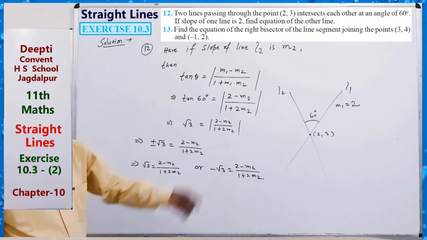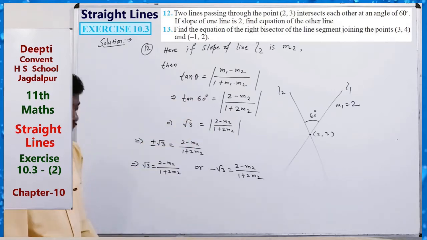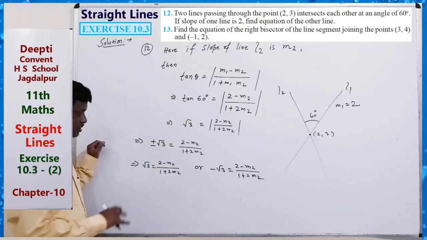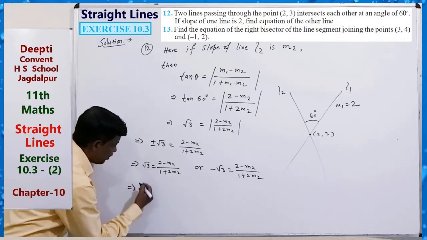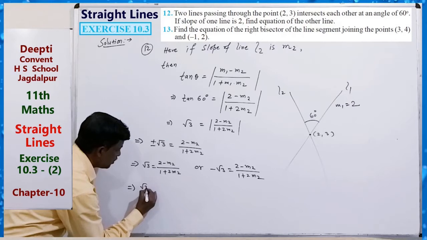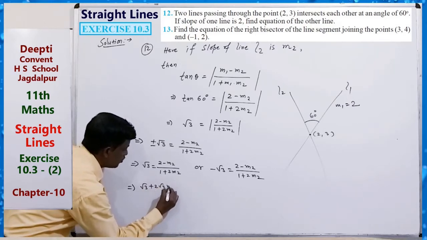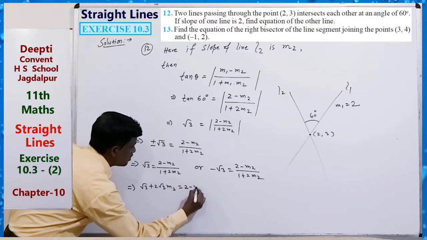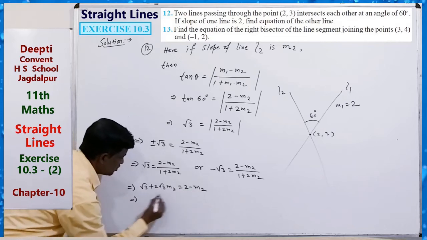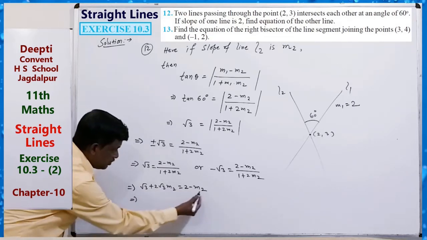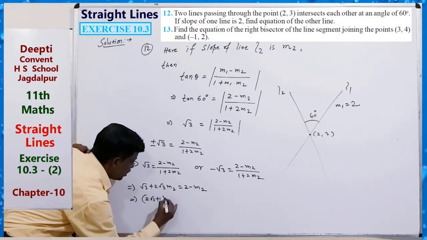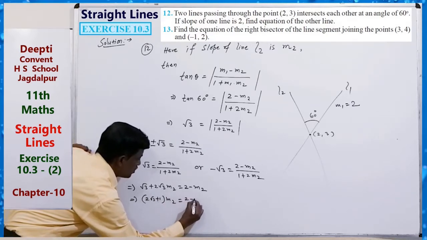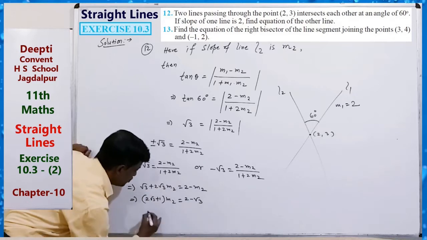So we have two equations, either this or this. From the first, root 3 plus 2 root 3 m2 equals 2 minus m2. Just solve it. m2 is transferred to the left, so (2 root 3 plus 1) m2 equals 2 minus root 3, with root 3 transferred to the right.